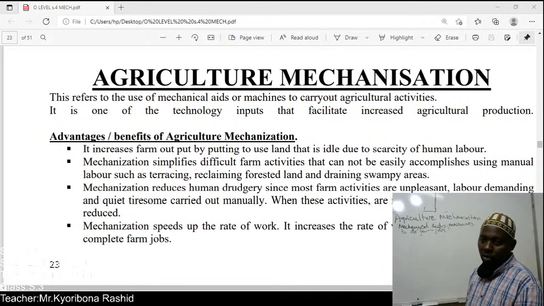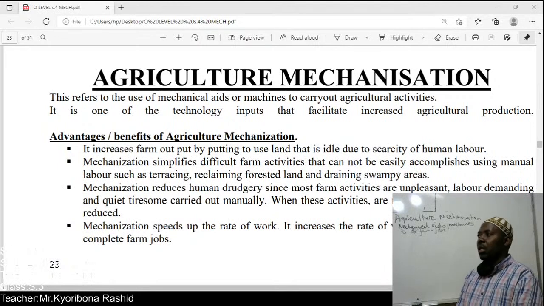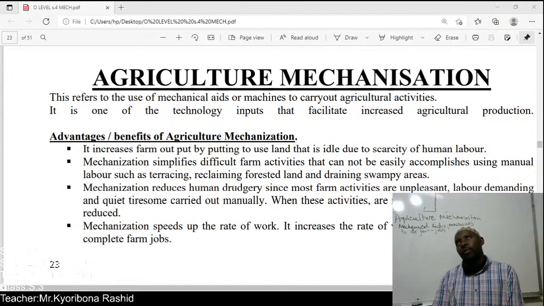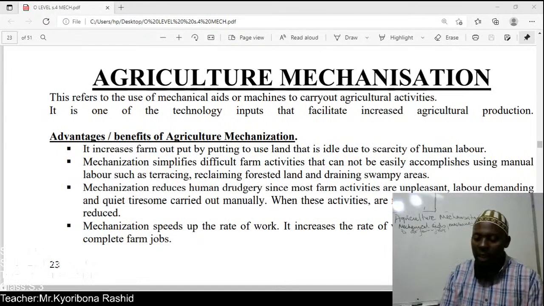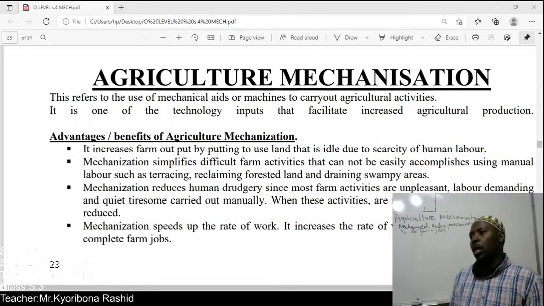Technology is integrated in animal production and in crop production, because we used to only know that using tractors is the only way we mechanize. No, we have very many agricultural projects that we do while using machines.